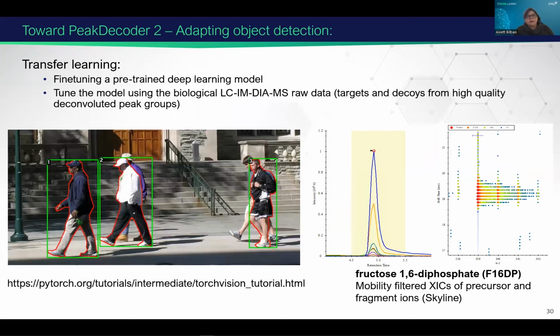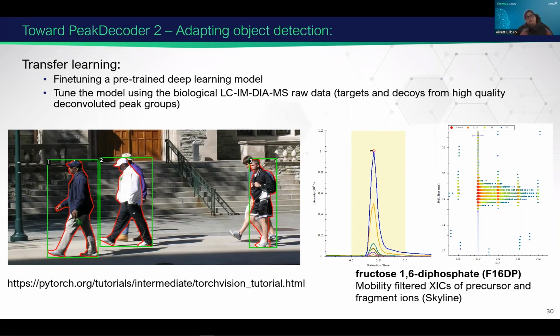And specifically, what we are building now, which we call Peak Decoder 2, uses transfer learning. We are taking a model that has been pre-trained, in this case for object detection in images, for example to detect a pedestrian.